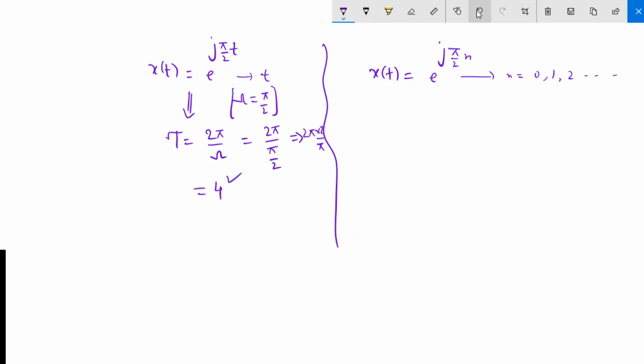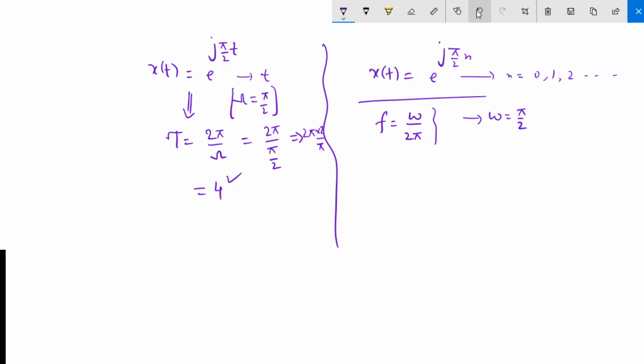Now what about this? You have to first check its frequency f, that is omega by 2 pi, whether it can be expressed as the ratio of two integers or not. If it can be expressed as the ratio of two integers, then only it is periodic. So what is omega here? It is again pi by 2.